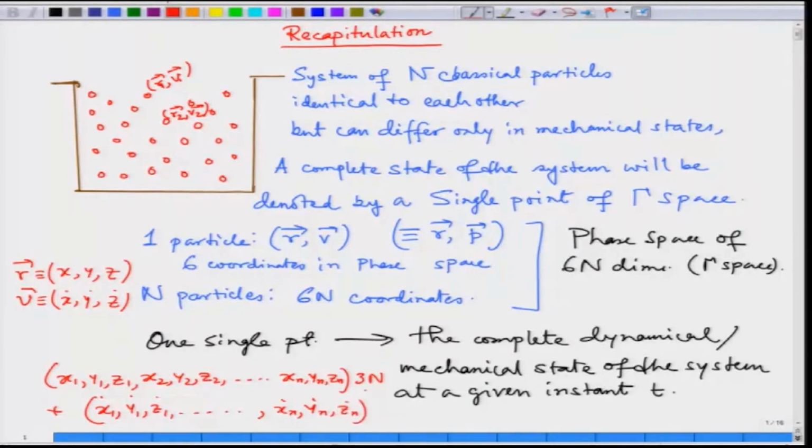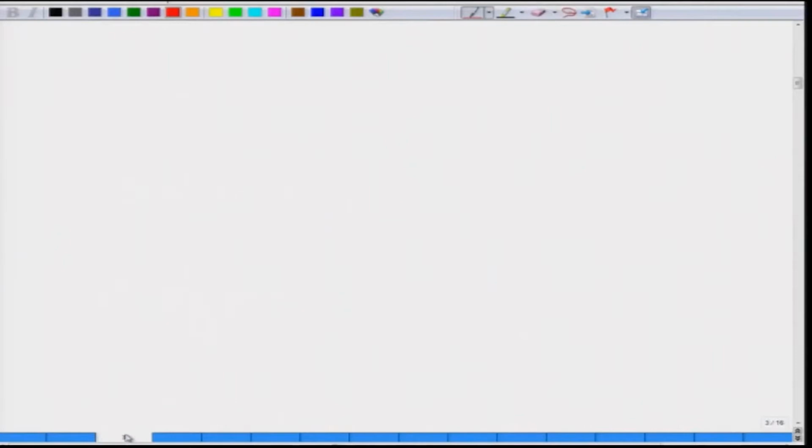Now I combine all of them, and you have 6N coordinates, and that is one single point in your gamma space. This is gamma space.